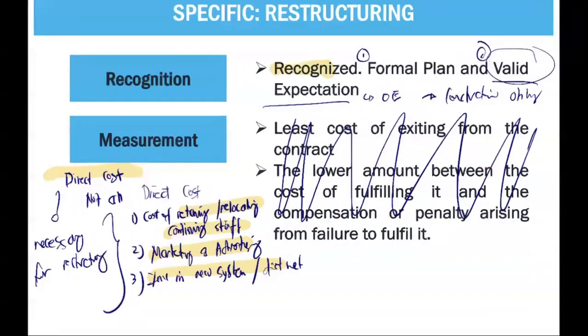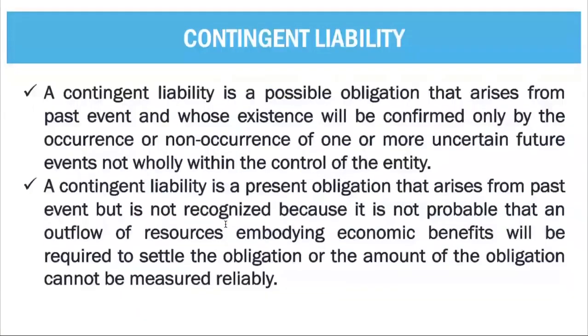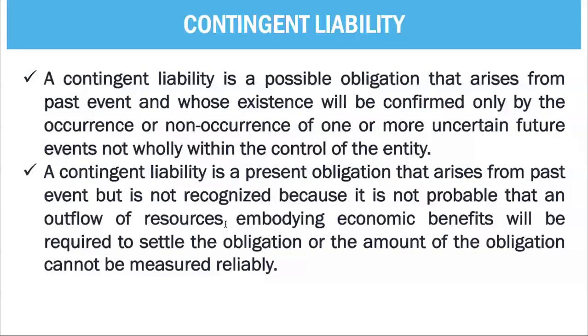We go now to your contingency. What is a contingent liability? A contingent liability is a possible obligation. So unlike your provision, take note a while back we said that provision is probable. Contingency is a possible obligation.